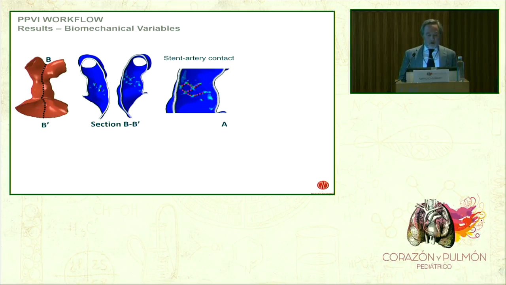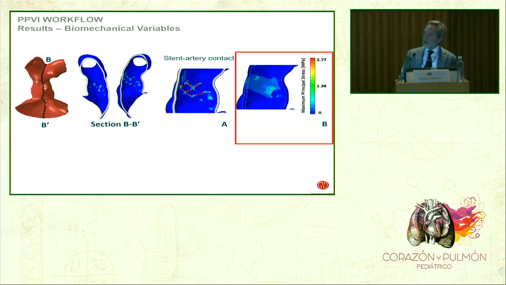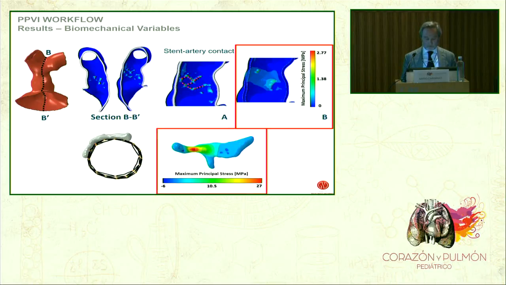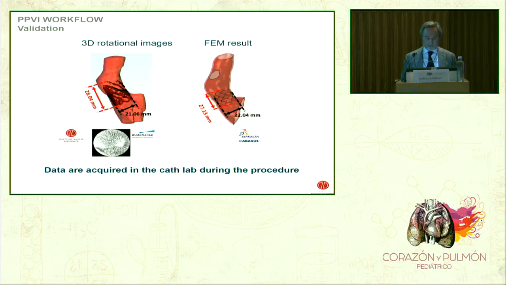The bioengineers can also evaluate the biomechanical variables of the tissue and the calcium. In this color-coded scale, you see the maximum stress in red and the minimum stress in blue. So that's the predicted movement of the calcium in the conduit when implanting the stent.